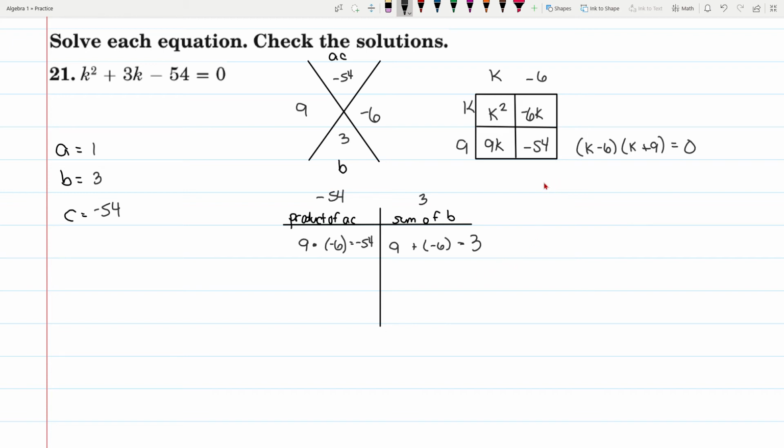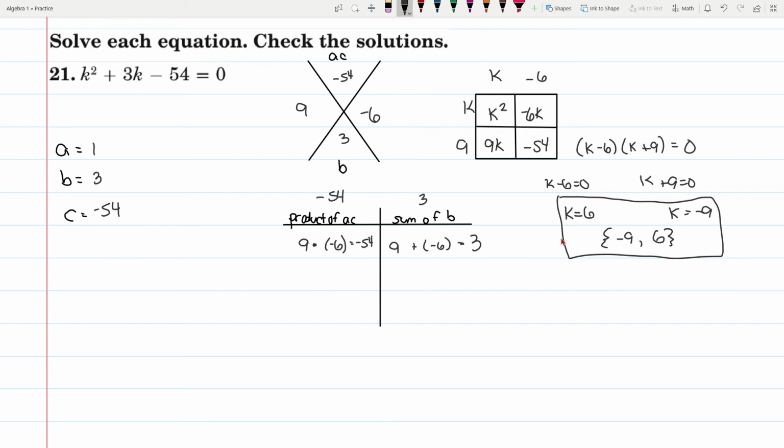Split the equations now. k minus 6 equals 0, and k plus 9 equals 0. So k is going to equal 6. k is going to equal negative 9. And so you can write it like that. Sometimes you'll see it written like negative 9, 6, like this. Either way, you get your solution.